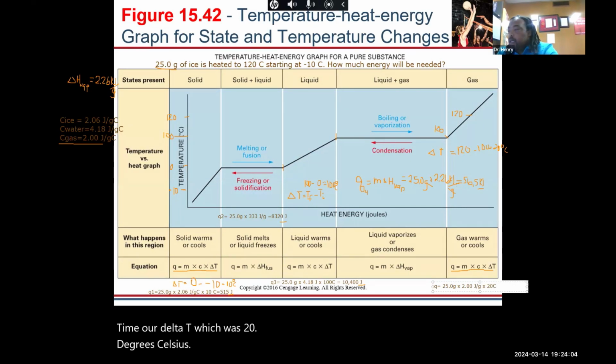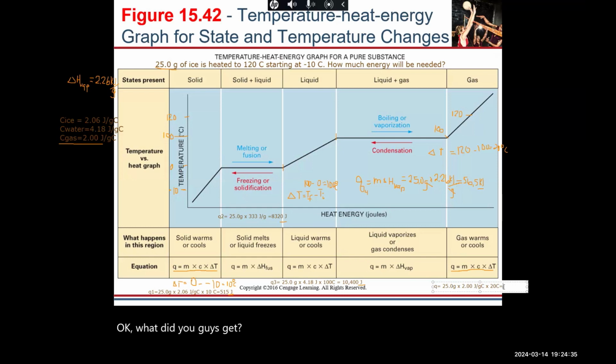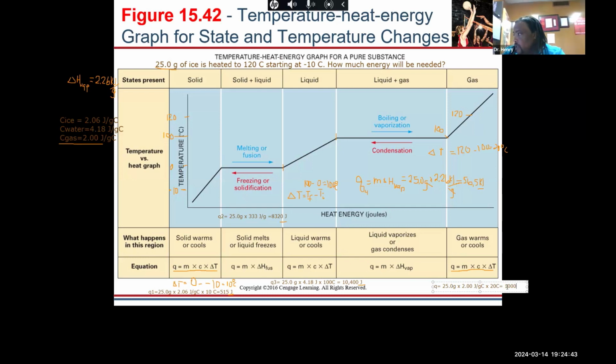Okay, and so the units are going to cancel out. What did you guys get? 1,000. Okay, so we know that's going to be 1,000.